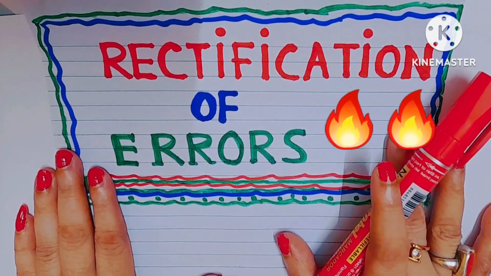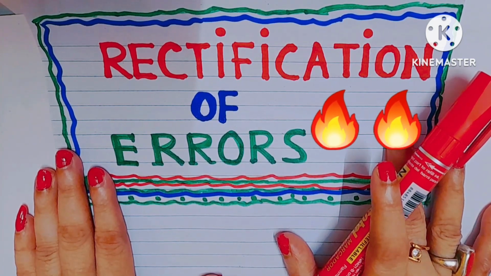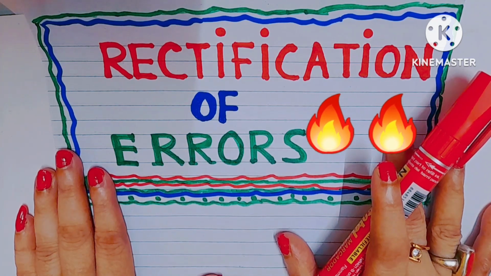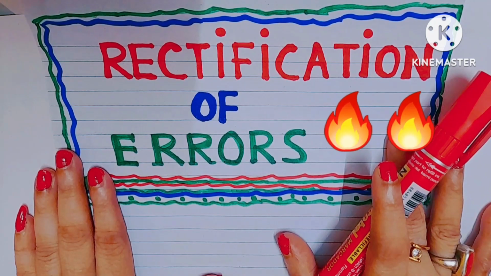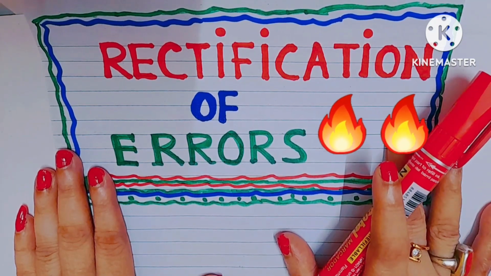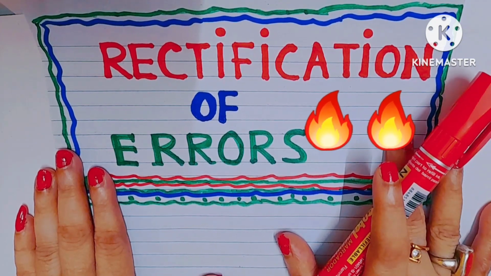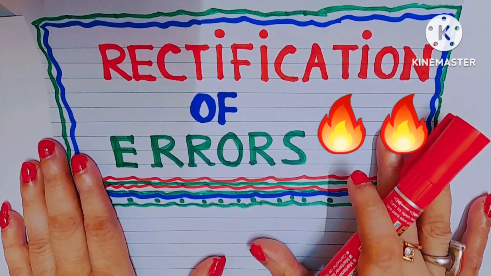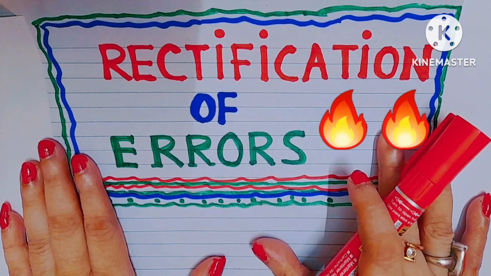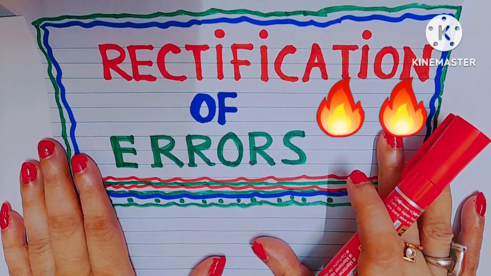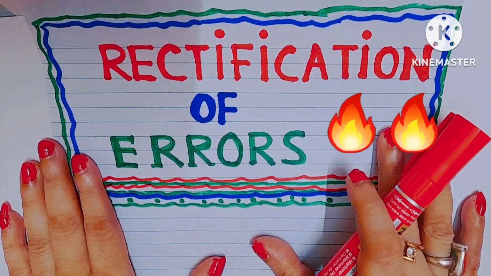Now, what is accounting error? An accounting error is any type of mistake that affects accounting entries. Please remember, accounting errors are not intentional. Please remember, fraud is not an accounting error because it is the purposeful manipulation of accounting information.